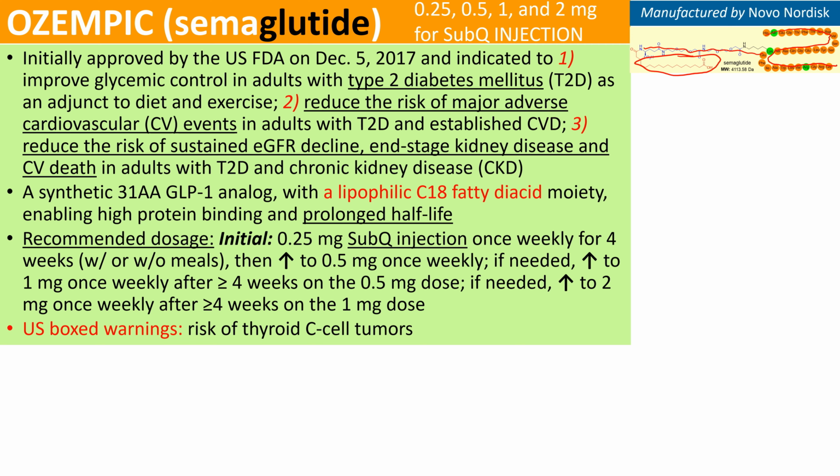Then increase the dosage to 0.5 milligram once weekly. If needed, increase the dosage to 1 milligram once weekly after at least 4 weeks on the 0.5 milligram dose. If needed, increase the dosage to 2 milligram once weekly after at least 4 weeks on the 1 milligram dose.